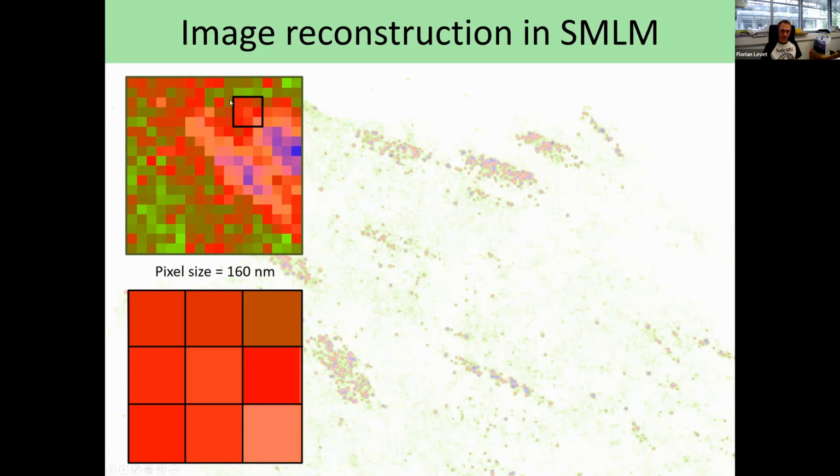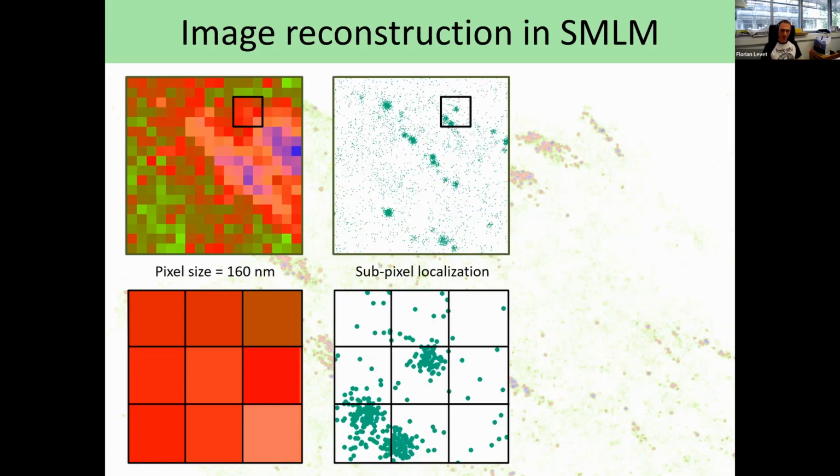If we go to this small square here, basically we don't see anything because of the diffraction limit and the poor pixel size. We do single molecule localization microscopy. So now we really have our localizations with their 2D coordinates in this case.